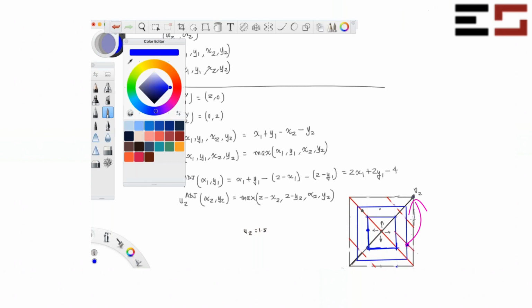So all the allocations inside the box are Pareto dominated by this particular allocation, and therefore every allocation inside the box is not efficient except this one.